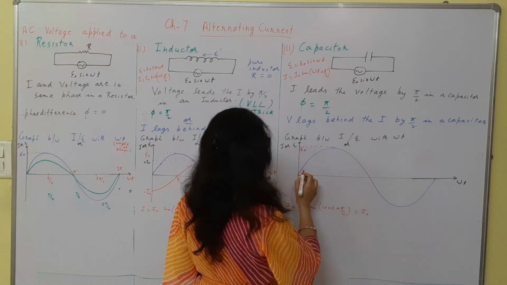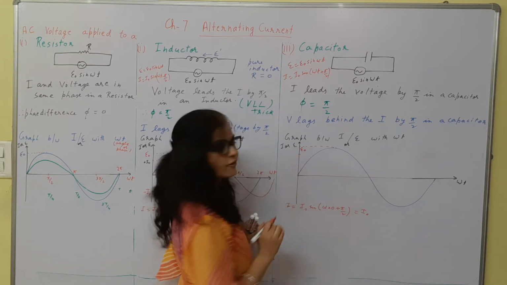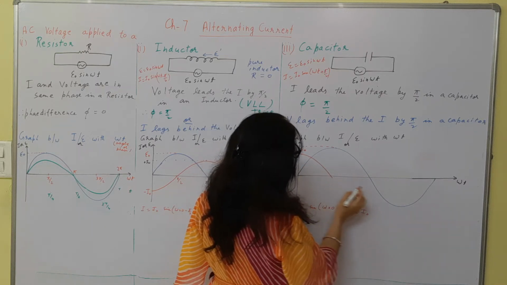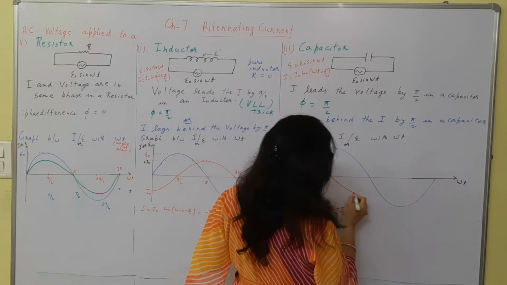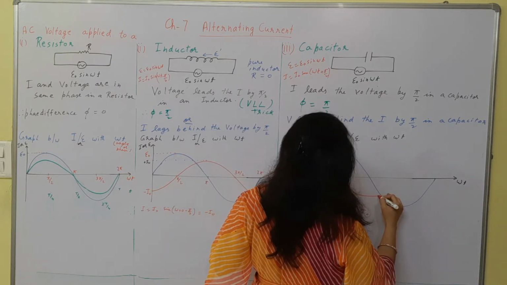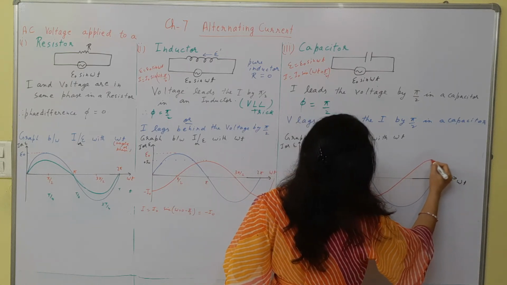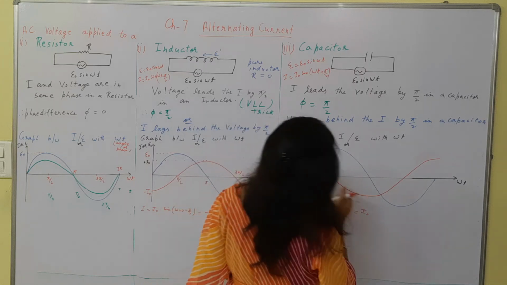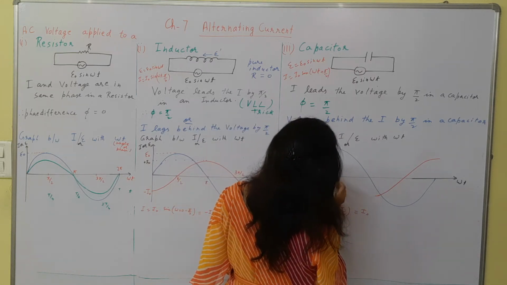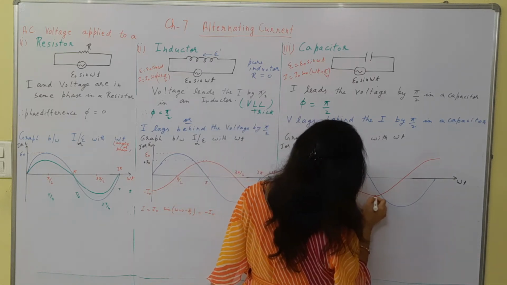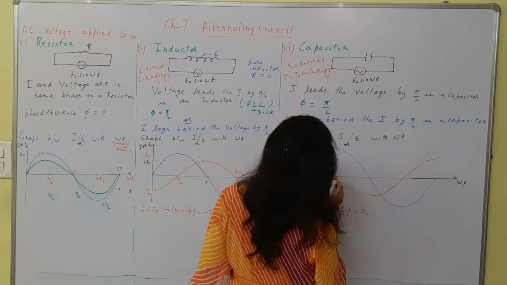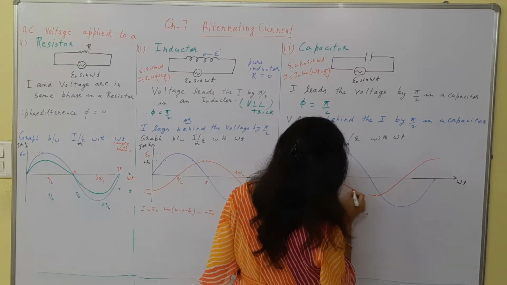So that's why at this point the current will have maximum value in positive direction. Right, so this will be your current graph. Here it will be maximum when this is 0. Pi by 2 phase difference means this only.